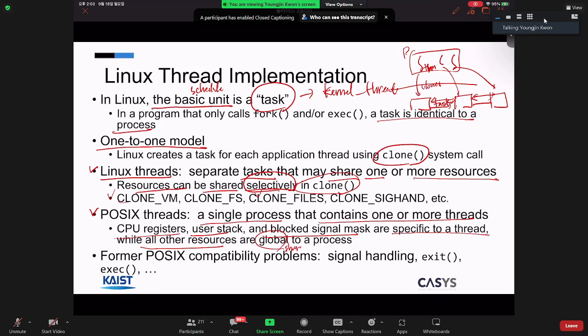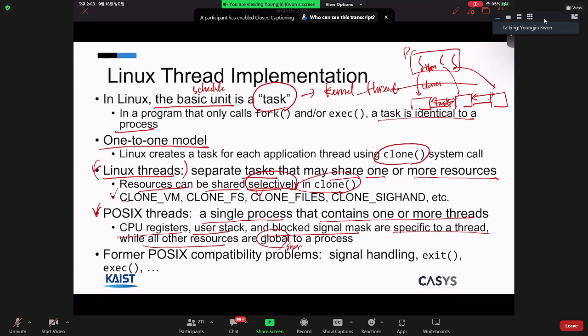That is the Linux thread model. So Linux threads may or may not follow the POSIX semantics depending on the clone flags. pthread actually uses these POSIX semantics when calling clone. That's the Linux thread implementation.